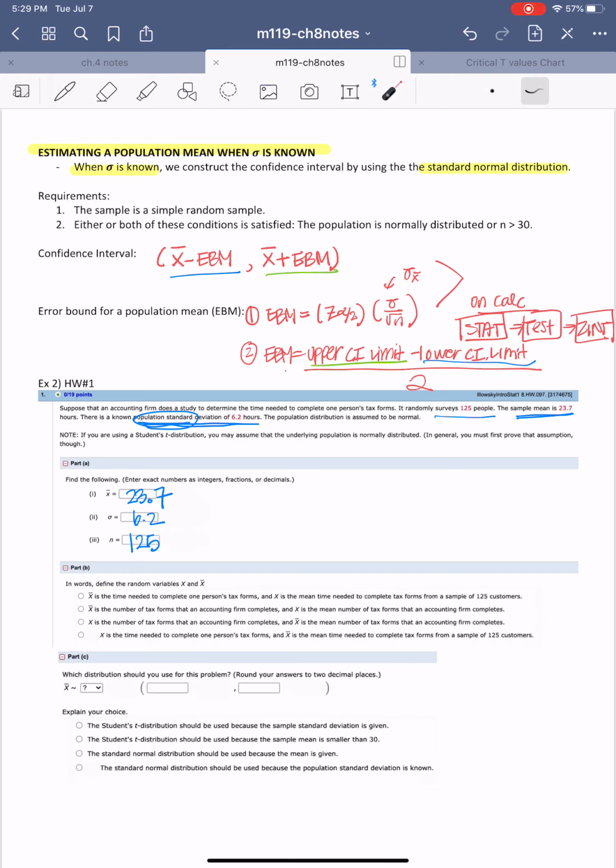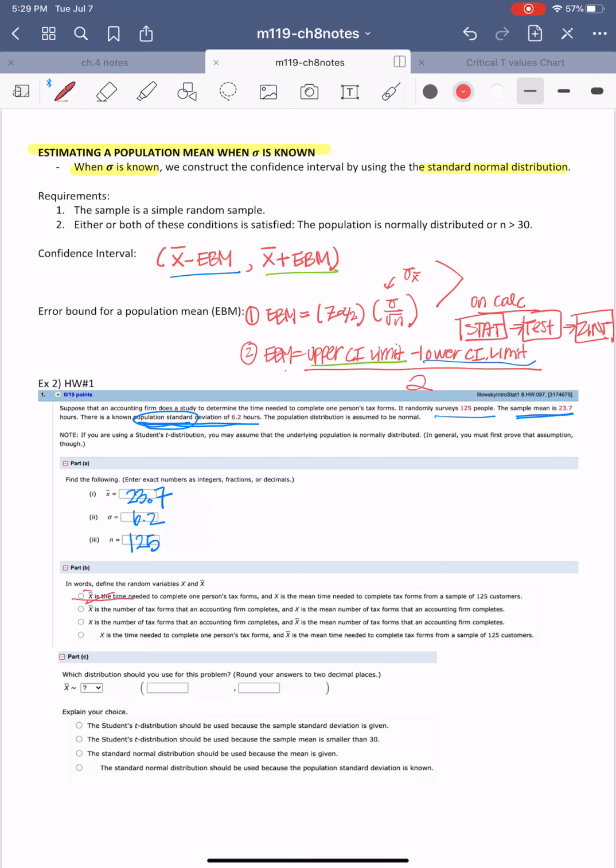In words, define what x and x bar are. X was the variable. X bar is the average. First one says x bar is the time needed. Well, first, x bar has to do with the mean. I don't see the word mean, so I can already eliminate this one.